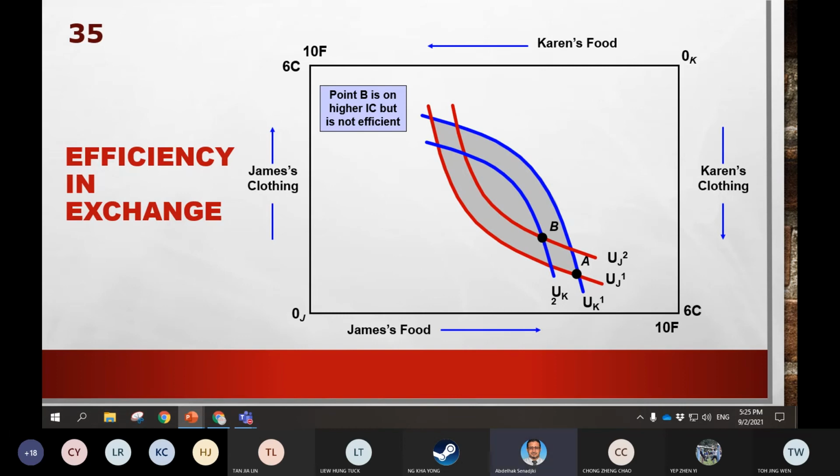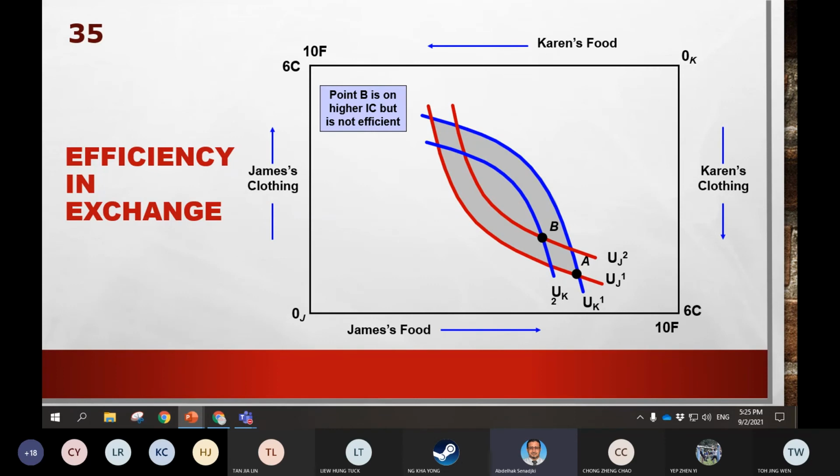So point B is not an efficient point, because James's indifference curve UJ2 and Karen's indifference curve UK2 intersect. In this case, James's and Karen's MRS are not the same, because if they were the same, the two different indifference curves must be tangent. That means they touch each other, but they do not intersect.